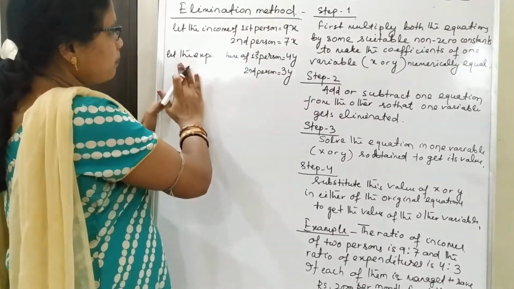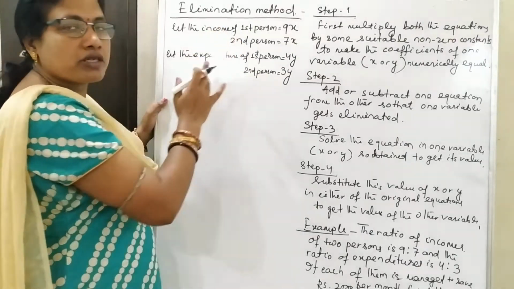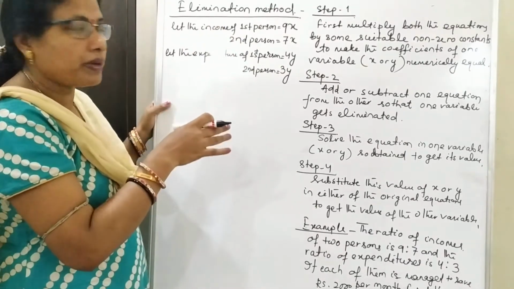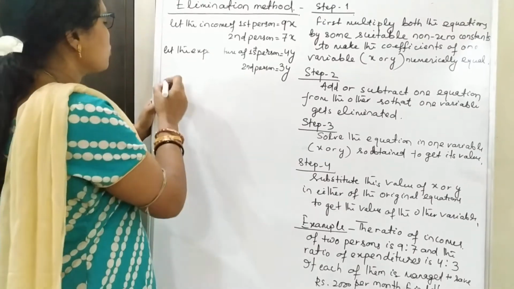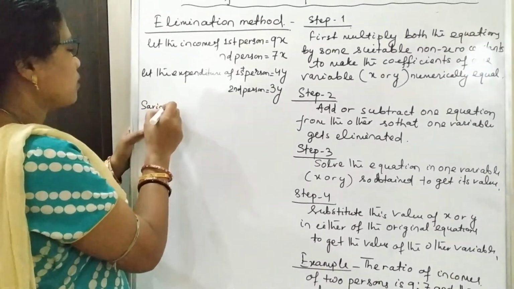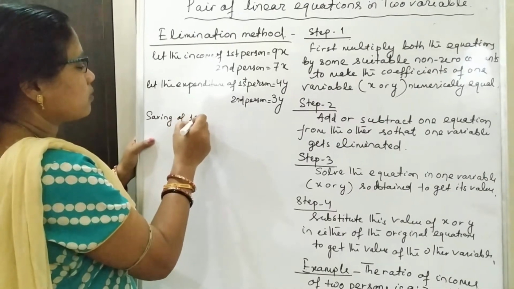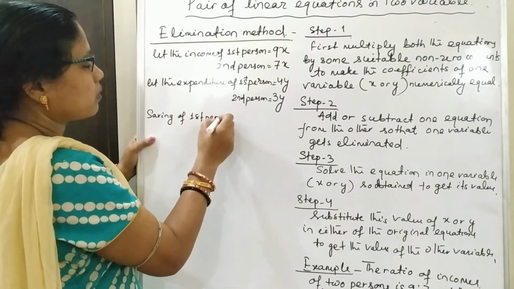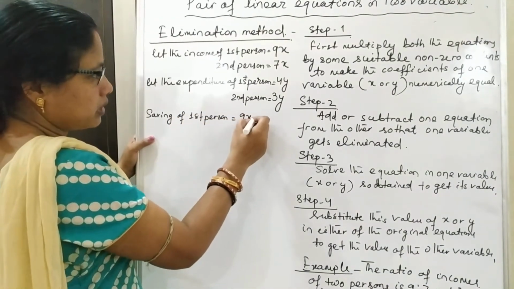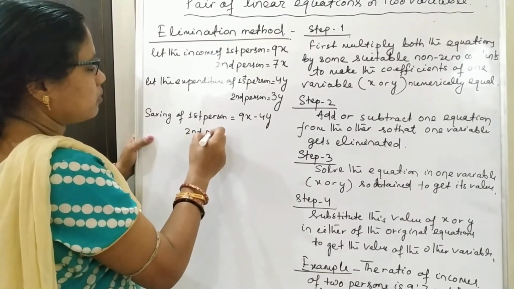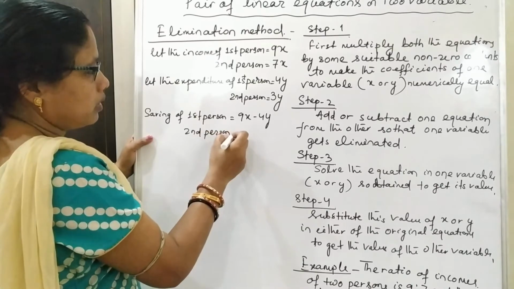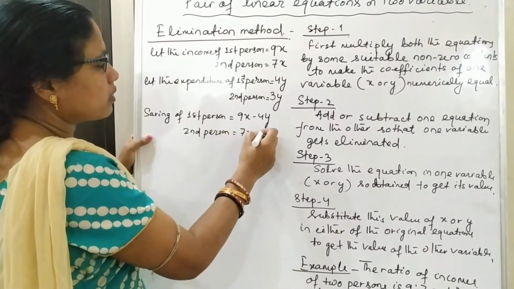If the income and expenditures are given, then what is the saving? Saving is equal to income minus expenditure. So saving of the first person is equal to 9x minus 4y. Then savings of the second person is equal to 7x minus 3y.